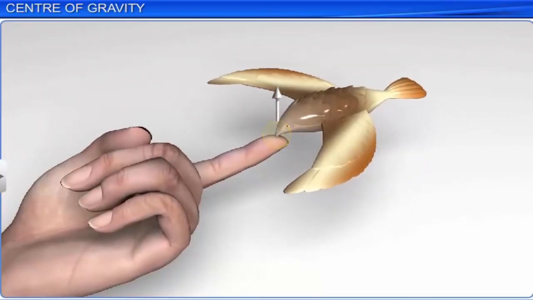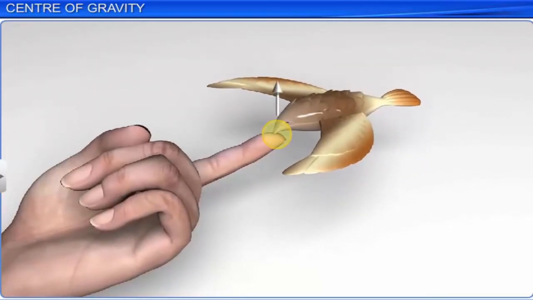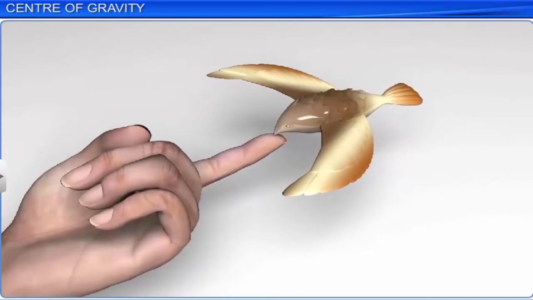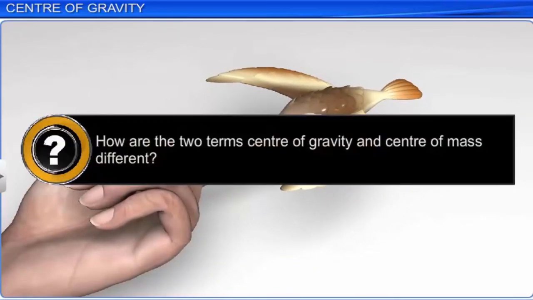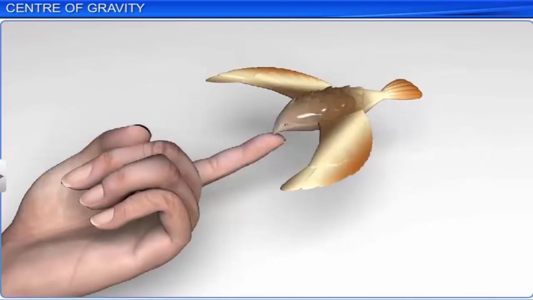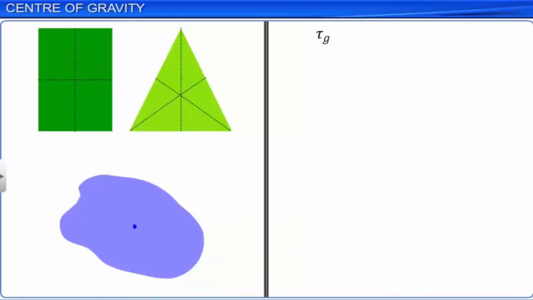How are the two terms center of gravity and center of mass different? In the equation, tau g is equal to sigma tau i, which is equal to sigma Ri cross Wi, Wi is the weight of the ith particle and is equal to mi into g. Then, tau g is equal to sigma Ri cross mi g, if g is the same for all particles.